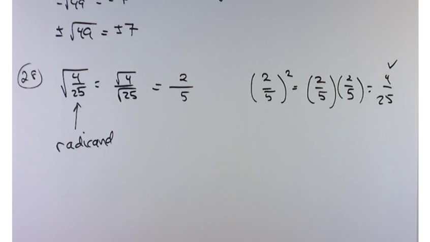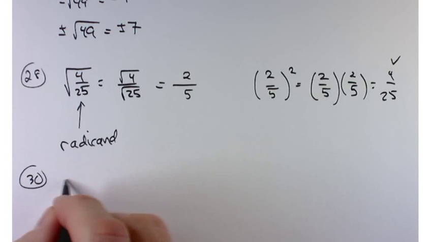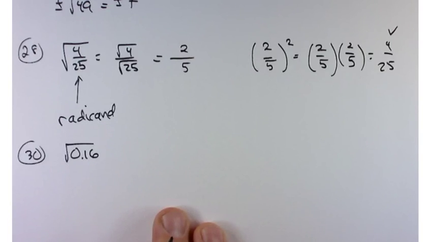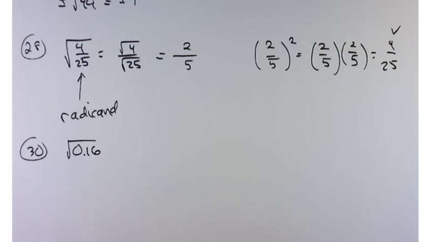A couple more. Now, time to get acquainted with your calculator. Problem number 30, unless you can do this one in your head. So, take out your calculators. If you need to borrow one, come on up. You should be able to take the square root of 0.16. Go.